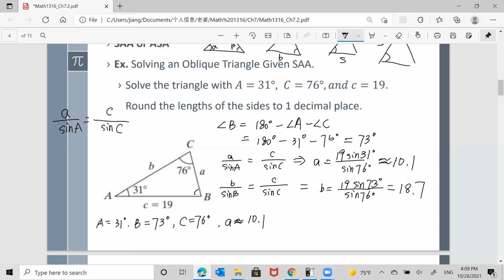It's about 10.1, not exactly equals 10.1. b equals 18.7, and c is given as 19. So that's how we found the angles A, B, C and the lengths a, b, c.